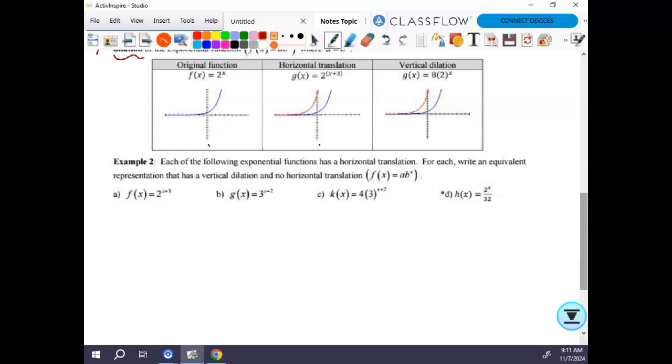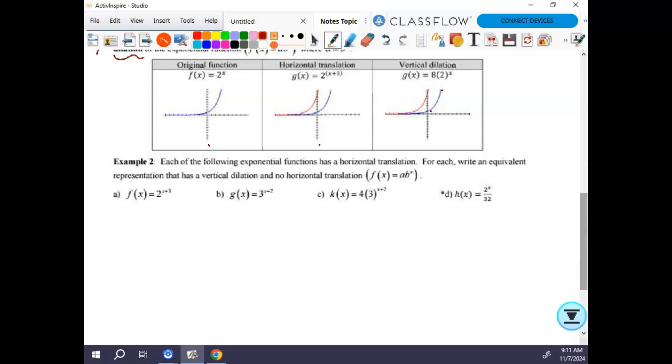Here, I changed it to instead, I don't have a translation, I have a vertical dilation. So again, I start with the blue one. Think about being like a piece of string, and I grab this, and then I can just stretch it up and make it match the red one. That's what's happening with your vertical dilation. So again, it's the nature of the function and how exponentials work, why that actually works for you.